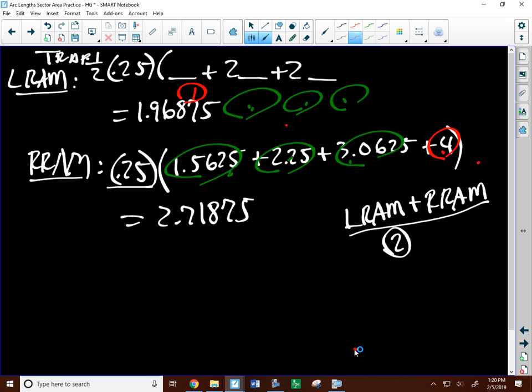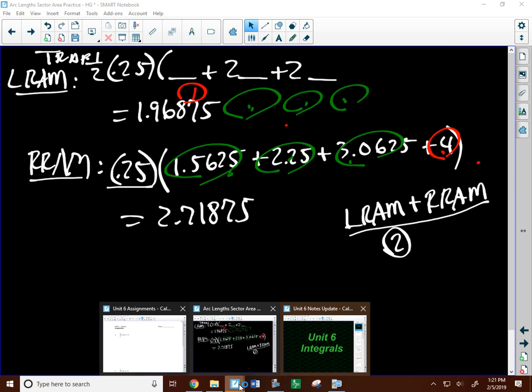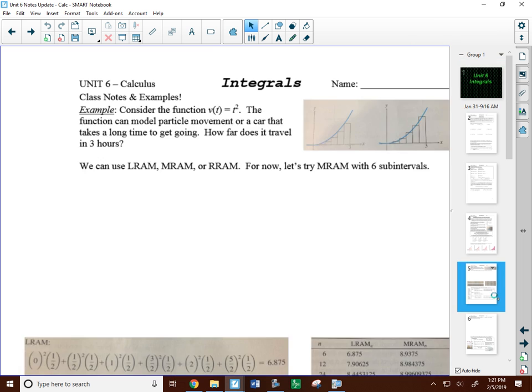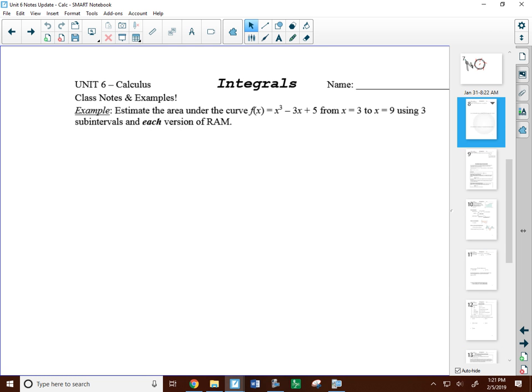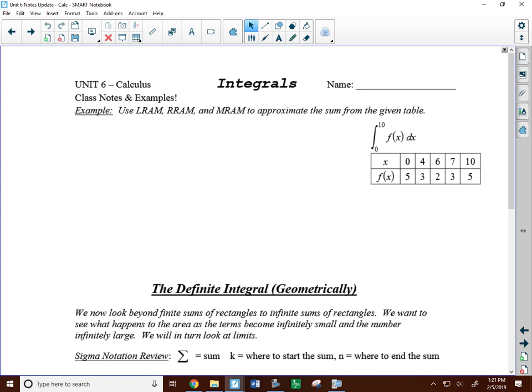Okay, so let me pull this back up. Let's flip to page 7, and do one last one on the top. So this is a table version. Oh, it's down here. Okay.